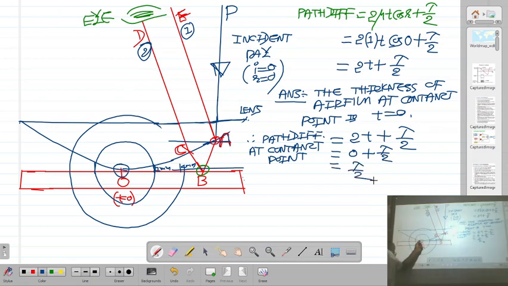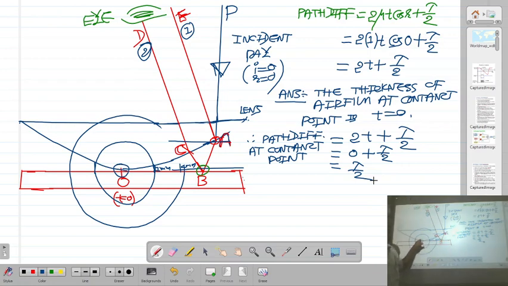So the path difference at the contact point is 2t plus lambda by 2, but the thickness of the air film there is 0, so the path difference is lambda by 2. You know very well, when the path difference is lambda, 2 lambda, 3 lambda, n lambda, constructive interference will occur. And when the path difference is lambda by 2, 3 lambda by 2, 5 lambda by 2, destructive interference will occur.